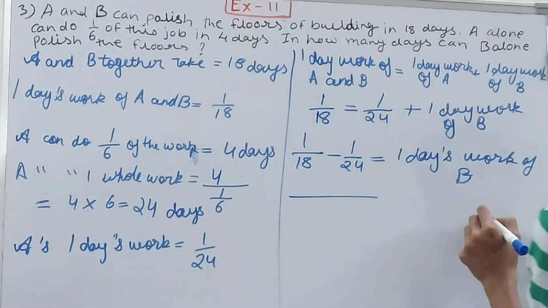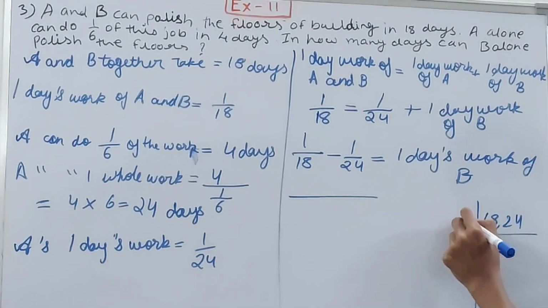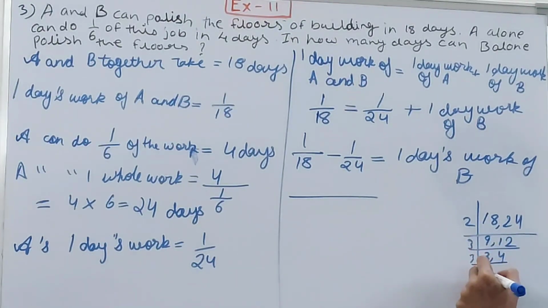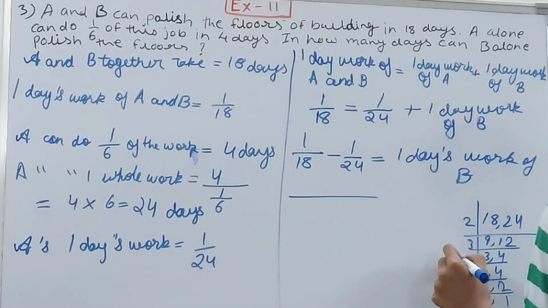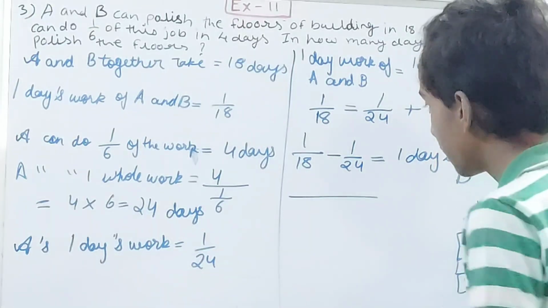Let's quickly do it on one side. I suppose 72, but let's still check it. 2 into 2 is 4, 4 into 3 is 12, 3 is 36, 72. So 72 is their LCM.